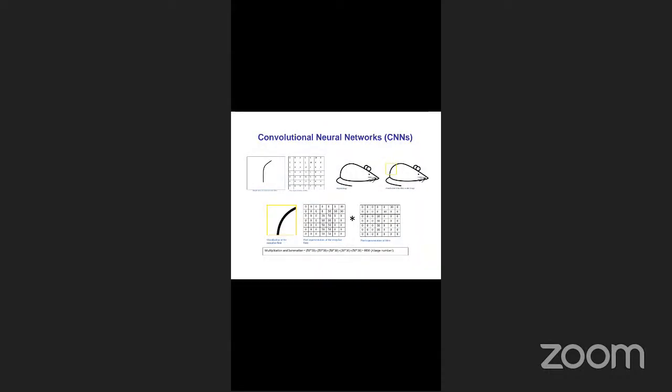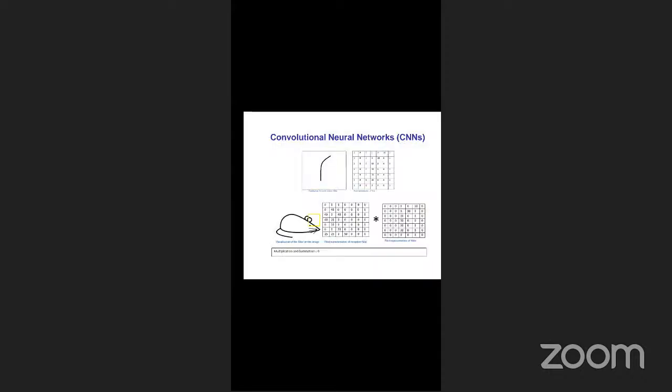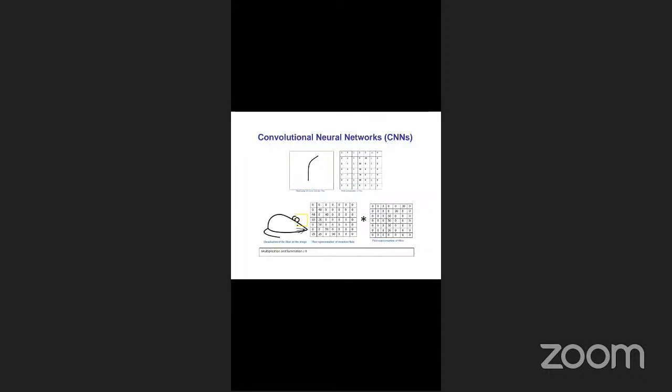For example, you take a mouse. There are some curves in the structure. So we have the input image as well as the filter, and we capture the curve exactly using the required filter. And we can see so many curves. We can capture each feature by using the required filter.